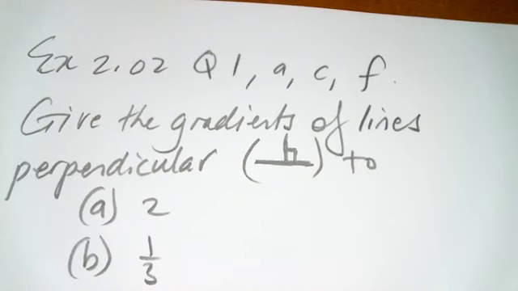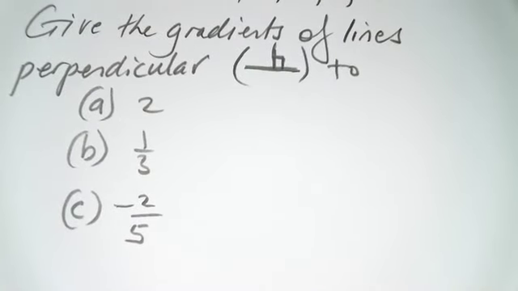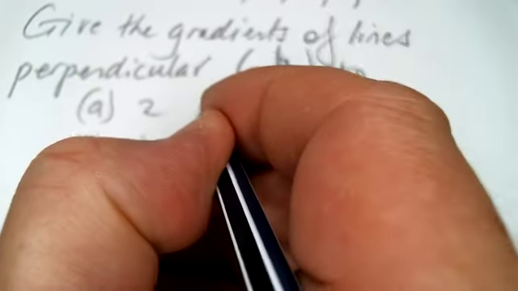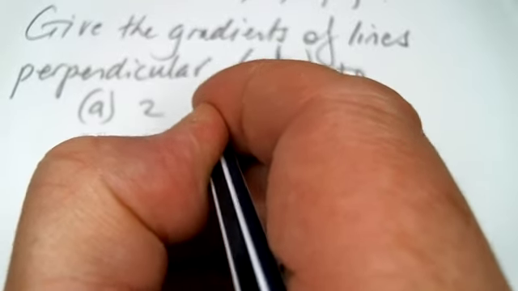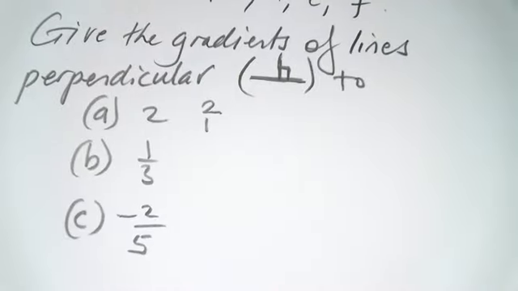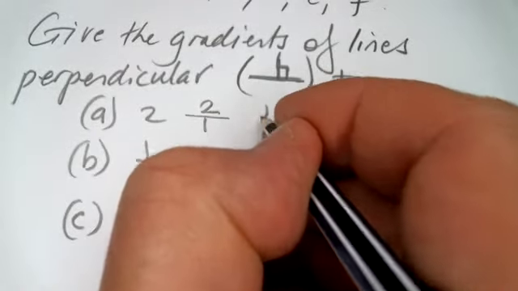So all we have to do is find the negative reciprocal of each. In other words, the first thing I'm going to do is flip it the other way and make it negative. So if I flip 2 the other way, 2 the way it is, is 2 over 1. But if I find the reciprocal of it, it becomes 1 over 2.